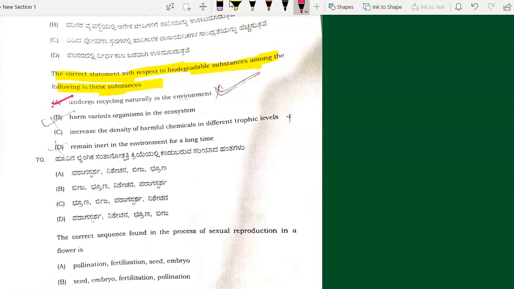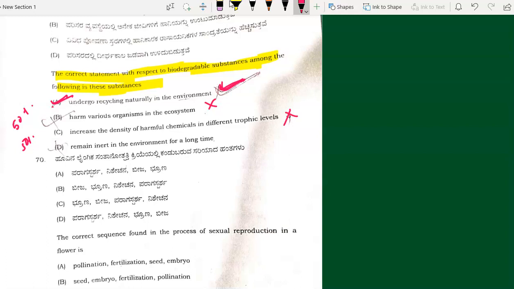Here it is still debatable. The other option says they remain in the environment for a long period, so there is a 50-50 chance in this question, and another says they will not harm any ecosystem. As of now, just take this as your first answer.